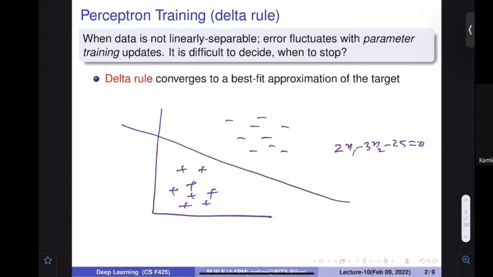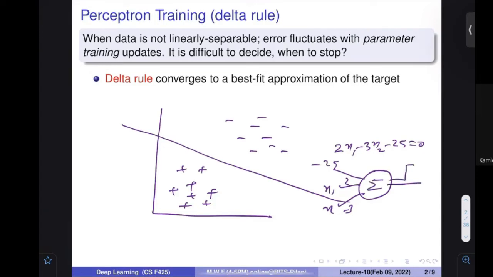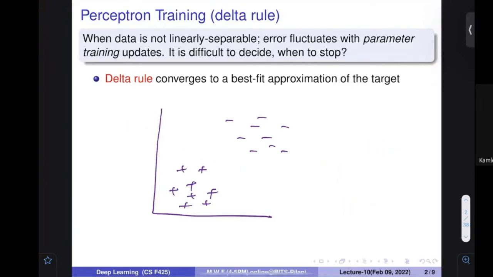Then we were talking about how we can design a perceptron where we have minus 25, and 2 and minus 3, and x1 and x2, and there is a summation. After that there is thresholding, and you can find out what the value is. In this setting, since you don't know what the value of w is, you randomly initialize these values, and then you systematically modify them.